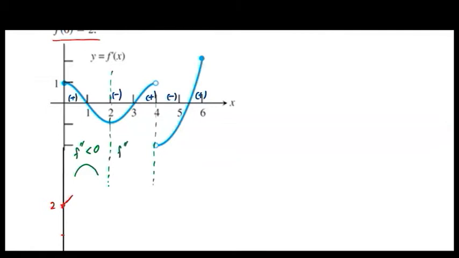F prime, double prime, which is the slope of this, is positive, isn't it? Meaning concave up. Well, you have decreasing, it's exactly the same thing as the example we did. Decreasing, increasing, concave up. You feel this thingy? This is where it gets really tricky.